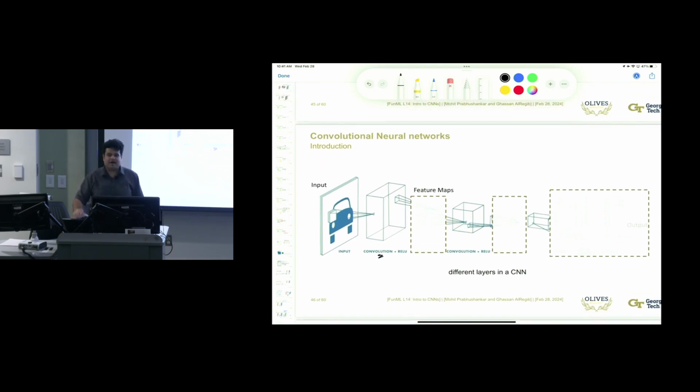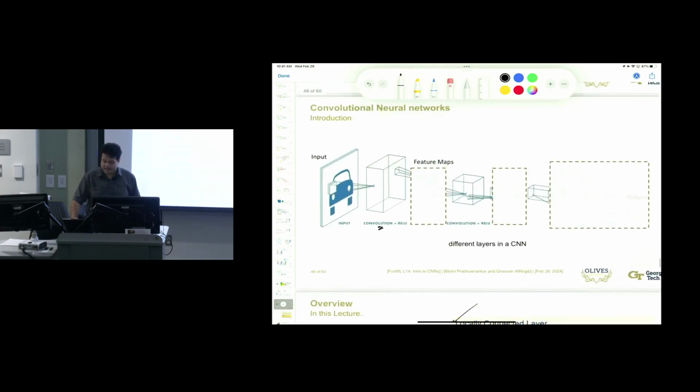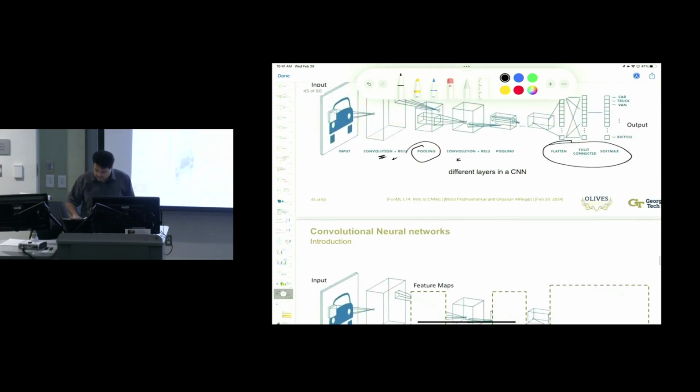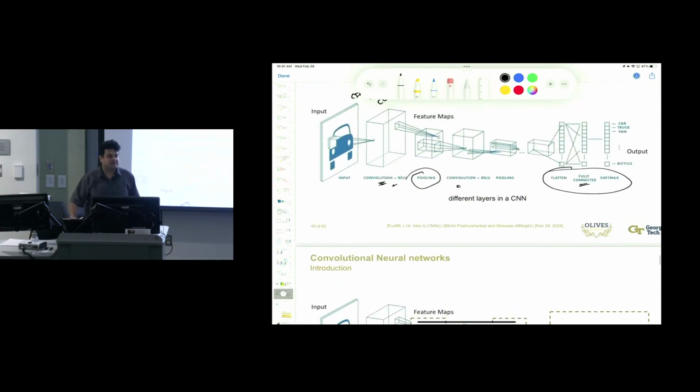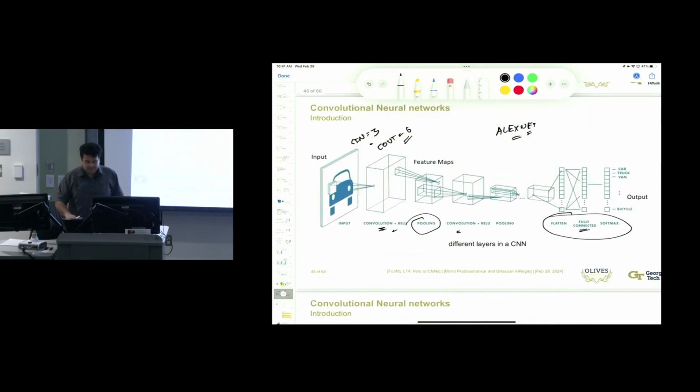And then we have other stages as well, which is your pooling stage. So we finished the convolution layer, and we have two things, which are the pooling layer and the fully connected layer.